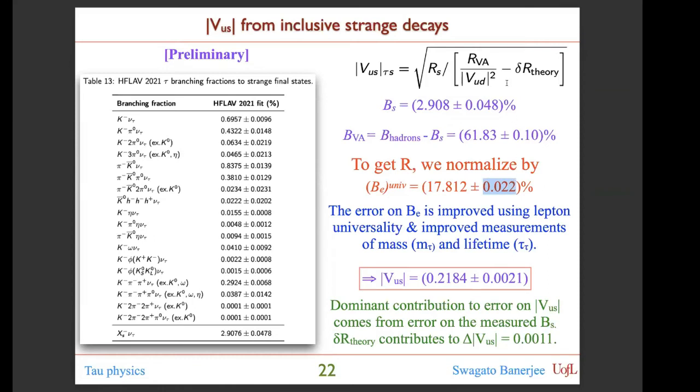So by putting these all together in this equation here, we obtain the Vus from tau decays from the inclusive, which has an error of 0.0021, out of which 0.0011 comes from the delta R theory breaking term, this term. Of course, the dominant error is coming from the experimental measurement of the strange branching fractions.